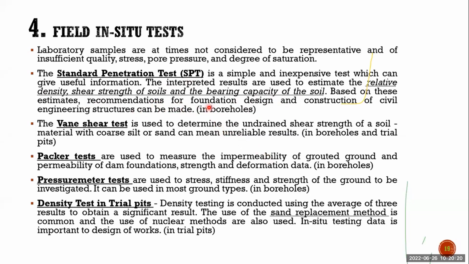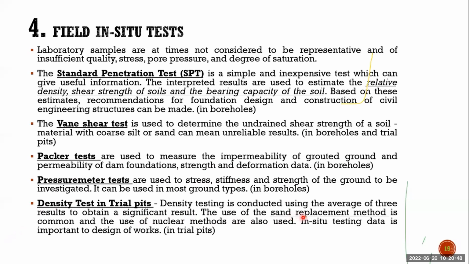Then with the vane shear test, we can determine the undrained shear strength of the soil. With the packer test, we will know the permeability characteristics of the rock. With the pressure meter test, we will know the stress, stiffness, and strength characteristics of the soil. And density test in trial pits.